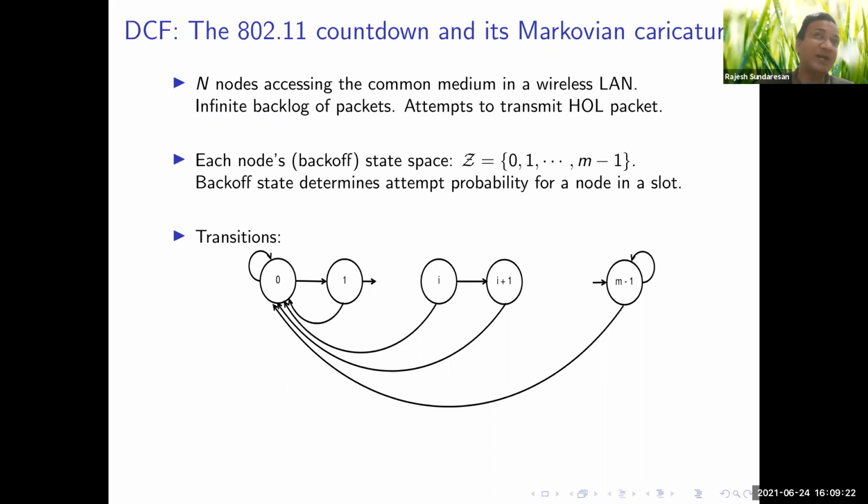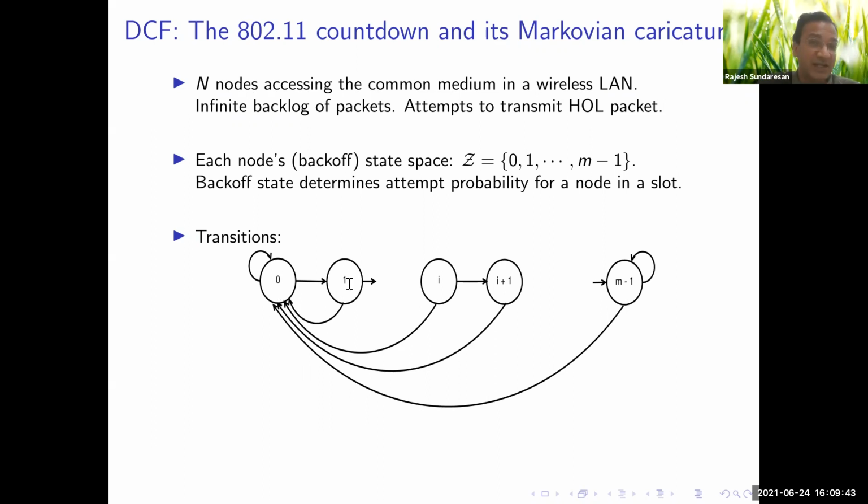If we attempt and we fail, then we have attempted once and we have failed. So this codifies the number of failed attempts. So that means we jump from 0 to 1. We have attempted this particular packet once and we have failed. If we attempt once more and we succeed, then this packet is out of the system, a new packet comes, and so we come back to 0, because for the new packet it's 0.